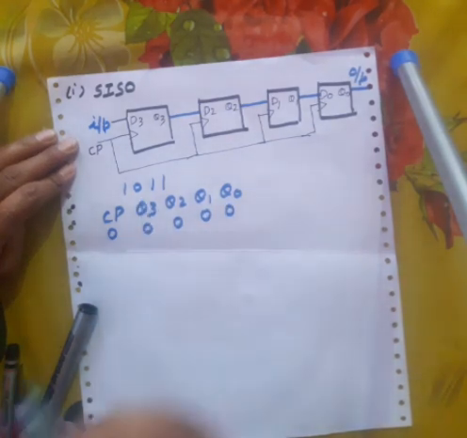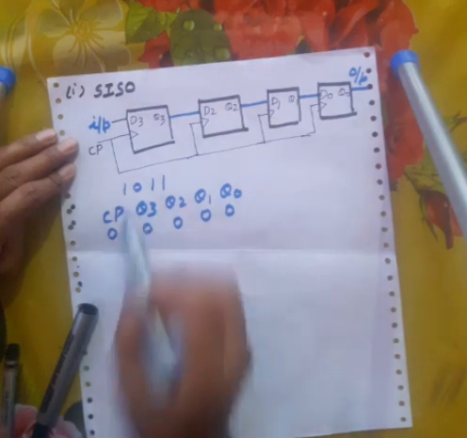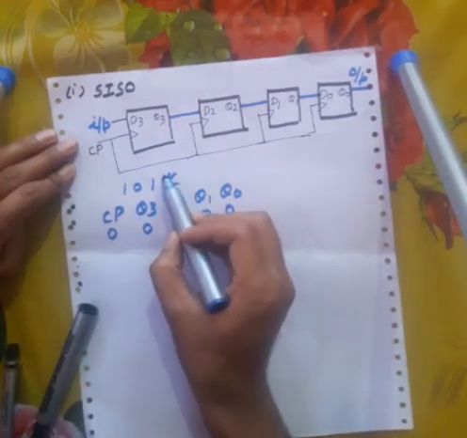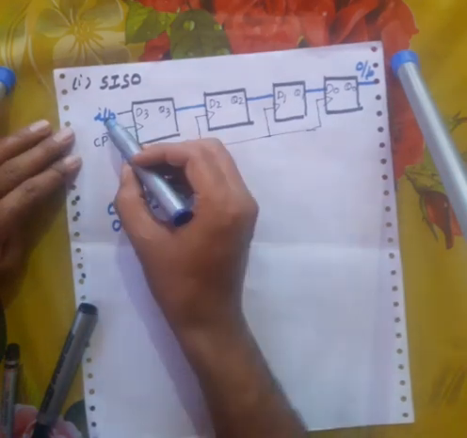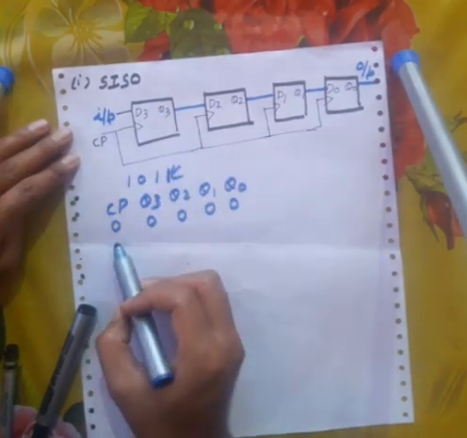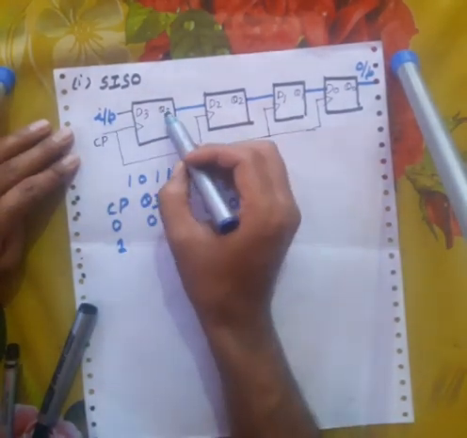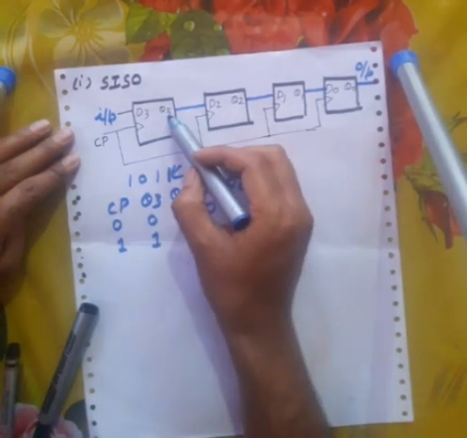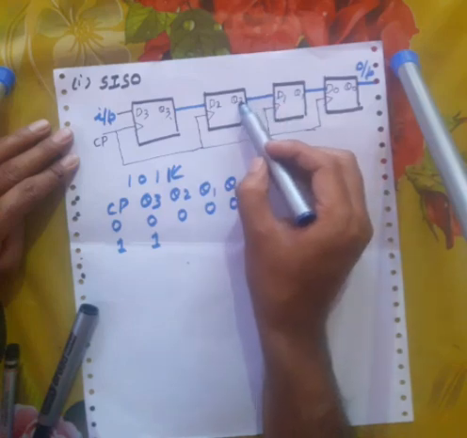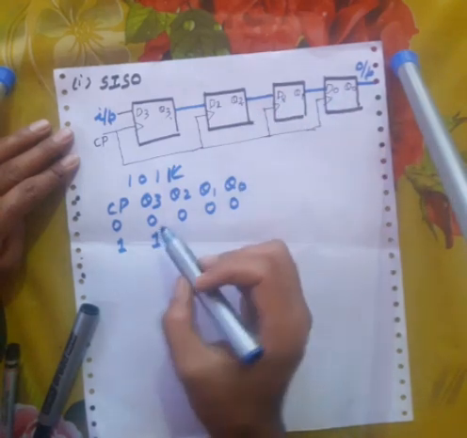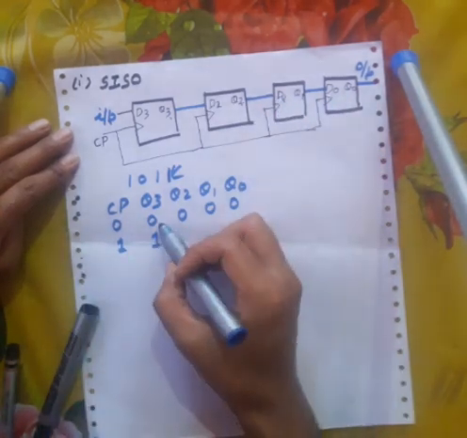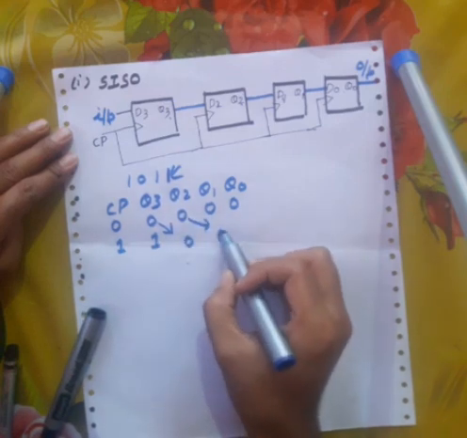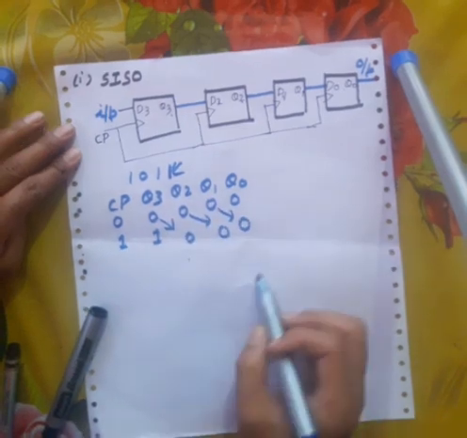Now, first apply this one. You give 1 here, means after the first clock pulse Q3 will be 1, and because output of each flip-flop is input of the next, the 0s will be shifted along.